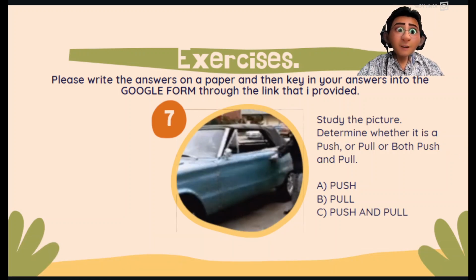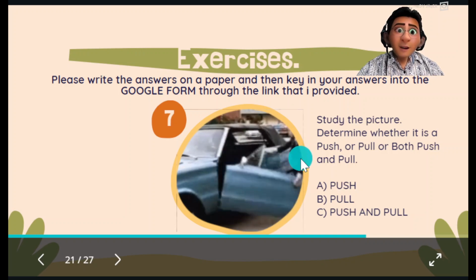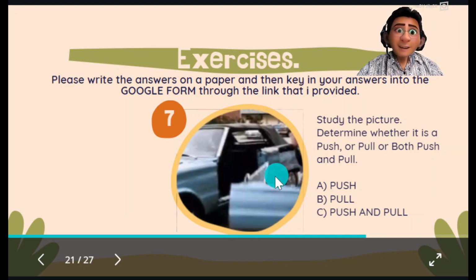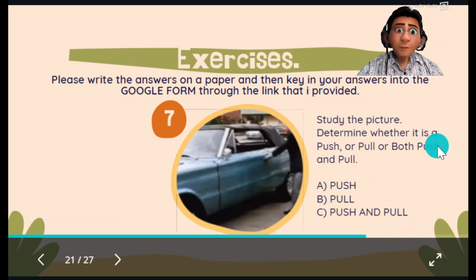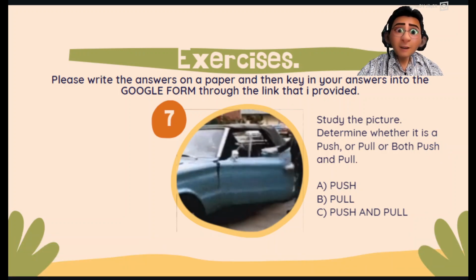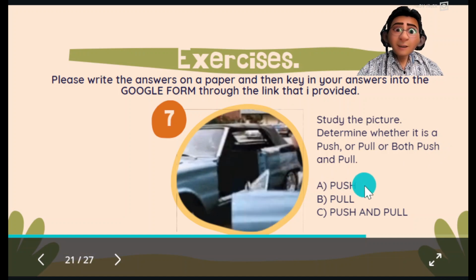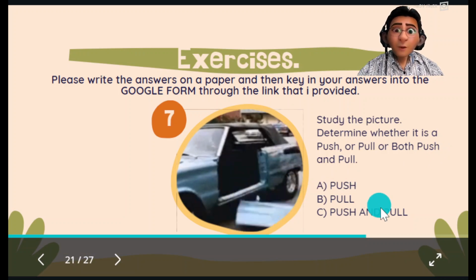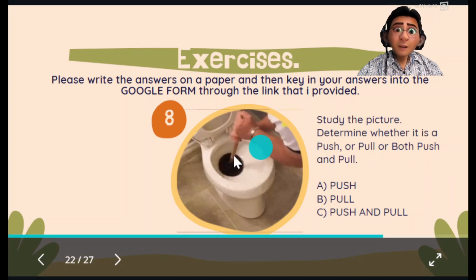Number 7. Look at here, there's a car. And what happened is the person is opening the door from outside. Open the door from outside. So is this a push, pull, or push and pull? Next, and what happened here?